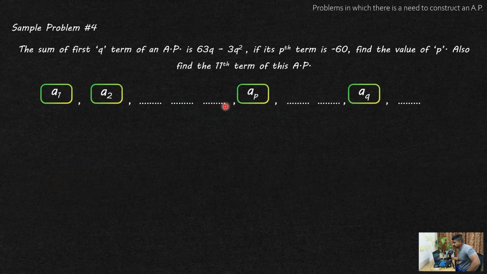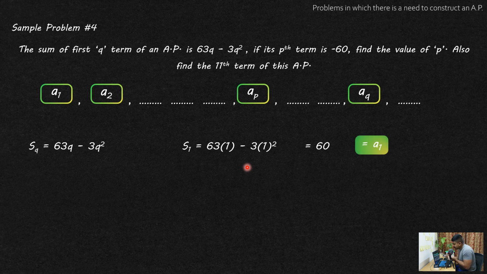So here we have written our AP. Our boxes are ready. A1, A2, somewhere in between we have AP, and then we have AQ. SQ is given by 63q minus 3q square. So S1 equals 60, which is nothing but the first term.